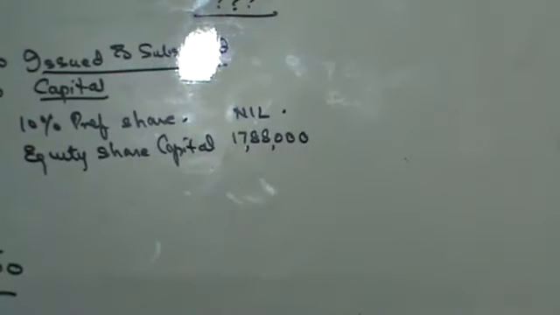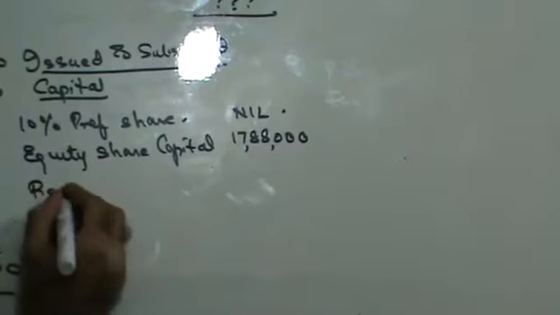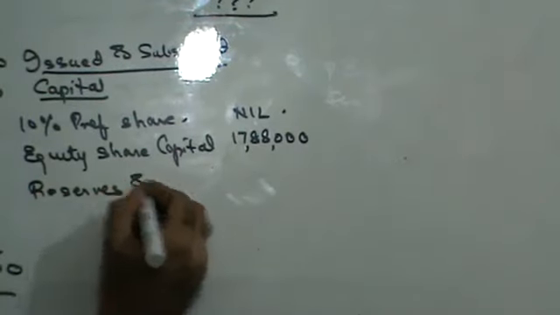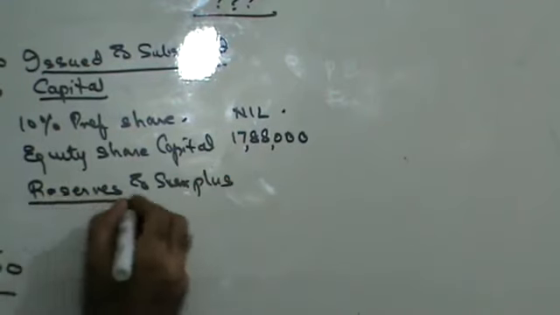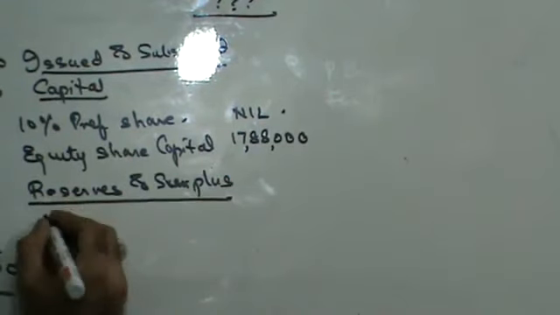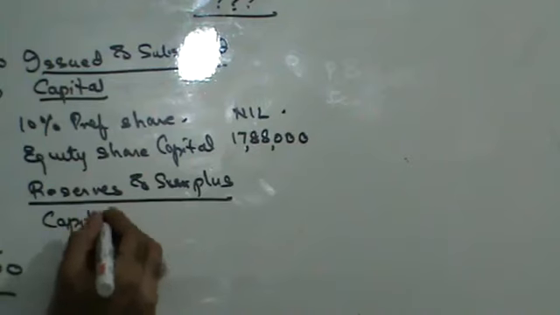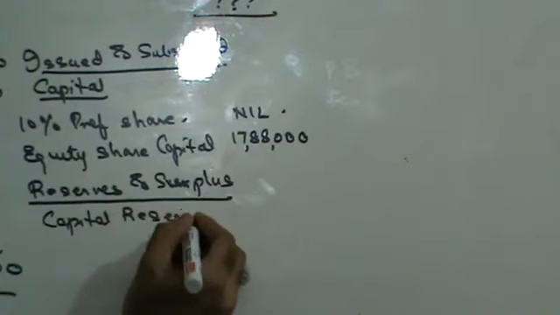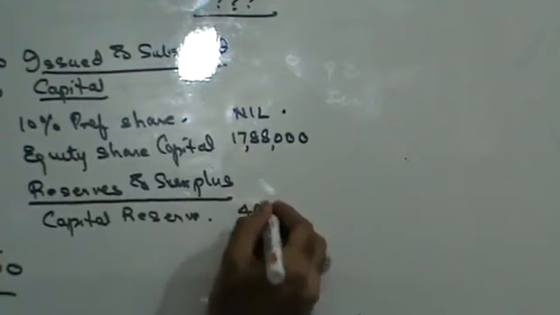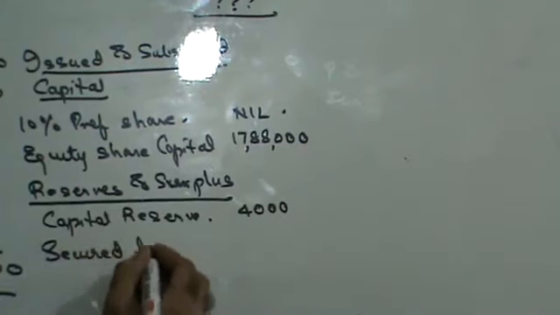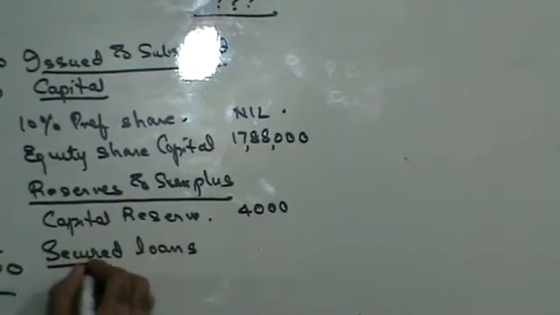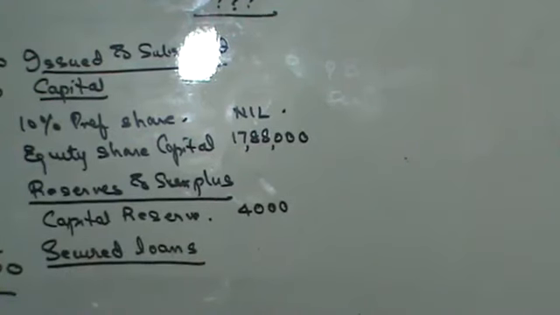Right? Next, let's move on to reserves and surplus. Under reserves and surplus, you are going to have capital reserve. Capital reserve is 4,000. Then you have secured loans. Under secured loans, you have issued debentures.